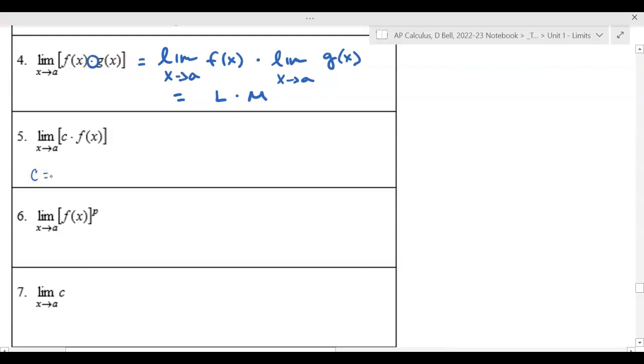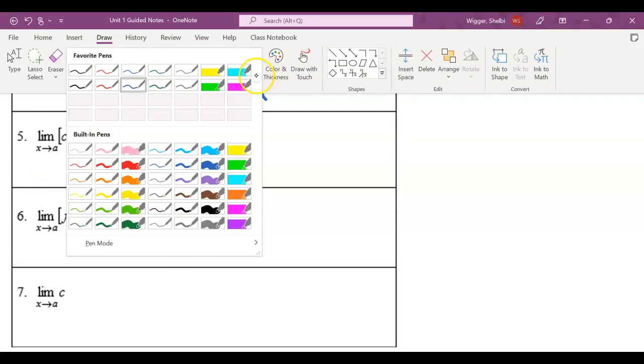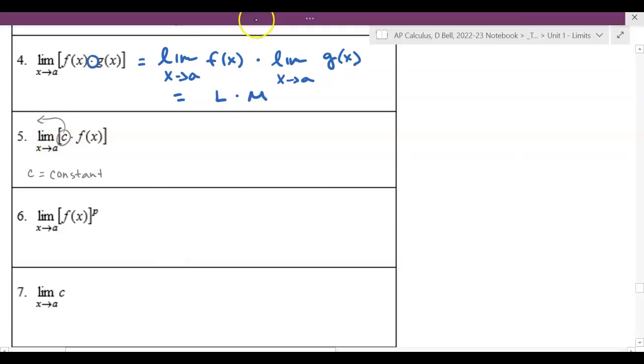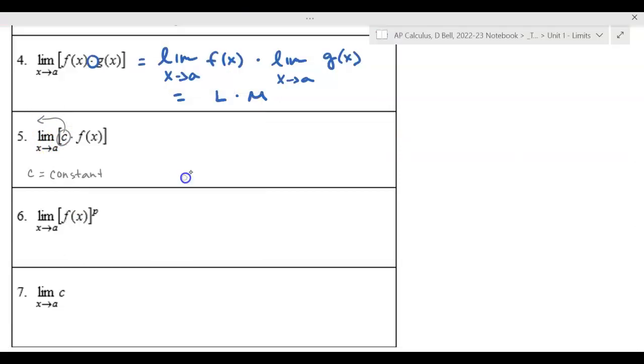So if we have a constant multiplied by the function, we can pull the constant out front. So this would be equal to c times the limit, so c times L in this case. So find the limit, multiply by the constant.